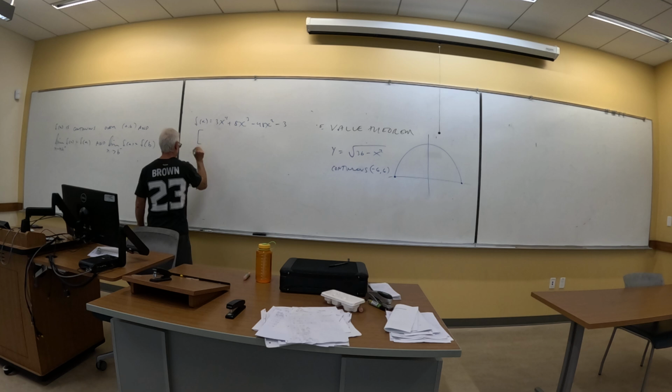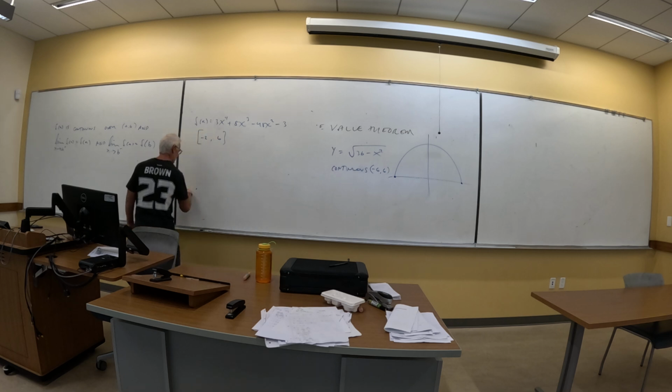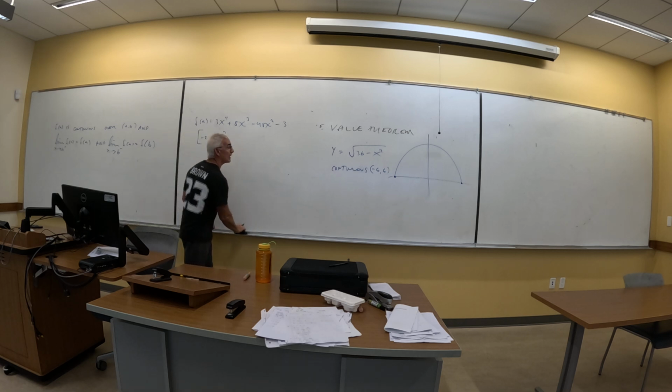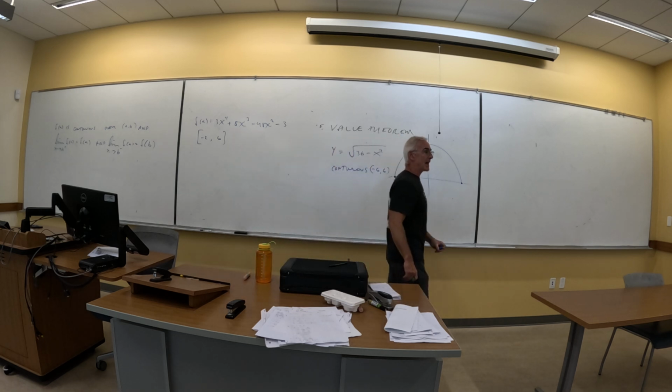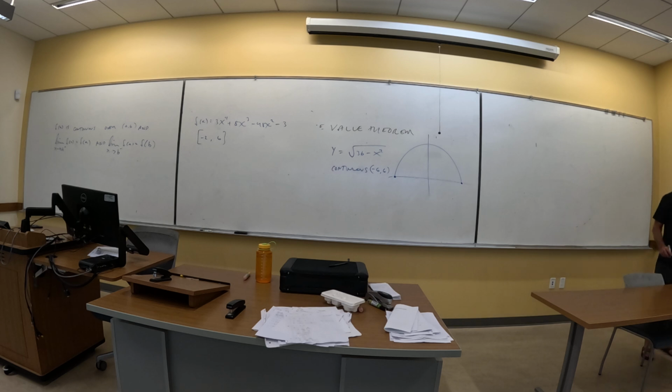And the interval we're looking at, let's say, is from -2 to 6. Okay, I think this will work. Hopefully I didn't mess this up. I would like to find the absolute maximum and the absolute minimum of that function over that interval.